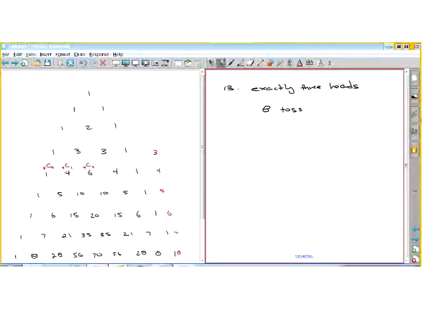So the way you have to look at this is you have to think of 8 positions, which would be the 8 tosses. And what we're looking at is if we give those a letter. We'll use letter A for the first toss, letter B for the second toss, and so forth.